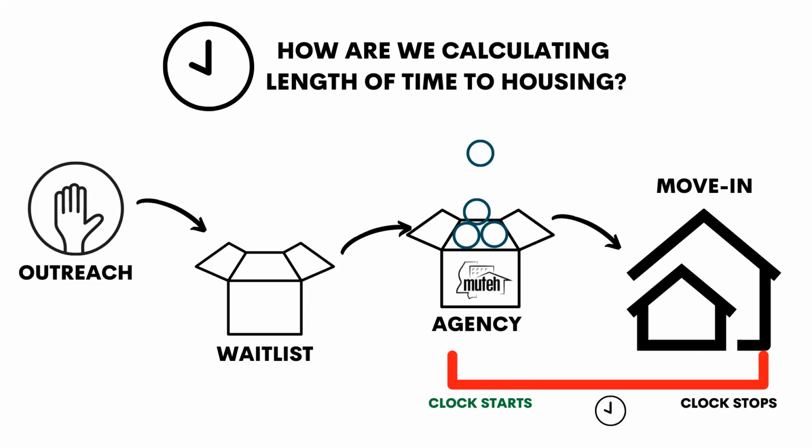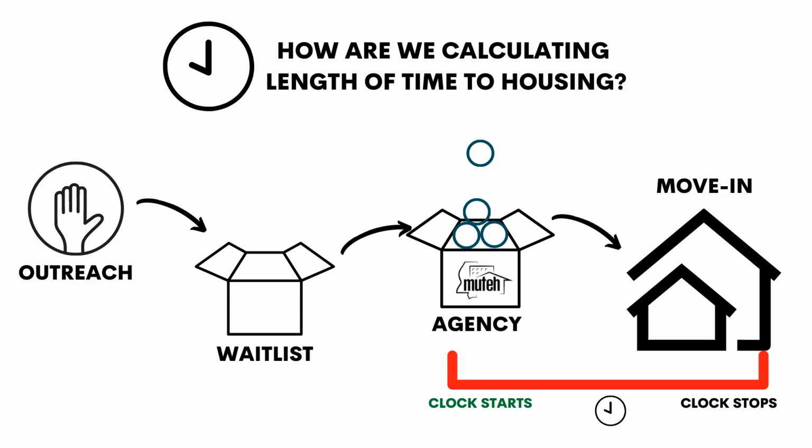Once you put them into your program, the clock starts, and that clock doesn't stop until there is a move-in date. When that move-in date is put in, that calculates the amount of time it took you to house that person from the moment you engaged with them within your agency program.